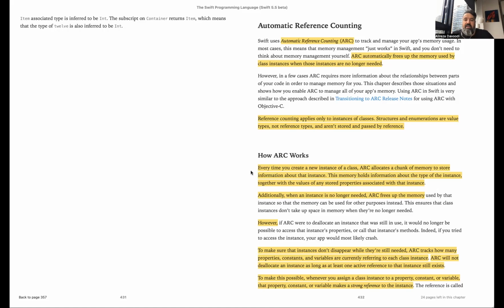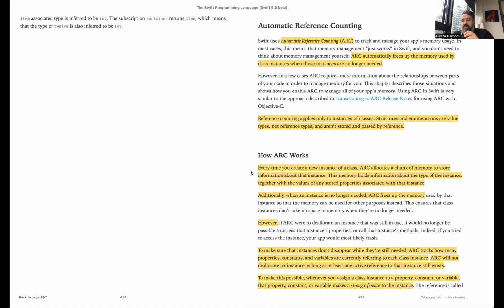The mechanism is pretty simple. It's based on what we call a reference count. Whenever you assign an instance to a property, a variable, or a constant, you're creating a reference to that location of memory, or that instance.